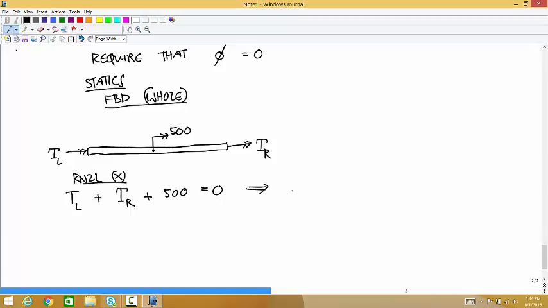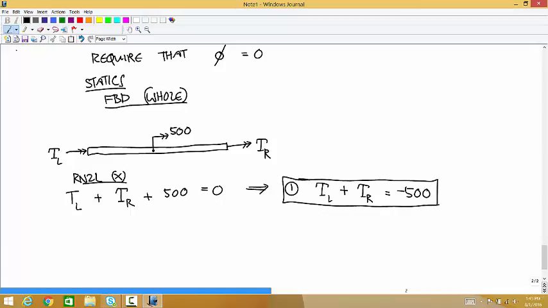So our first equation, I'll write it as TL plus TR is equal to negative 500. That's one equation, 2 variables. So that's statically indeterminate.